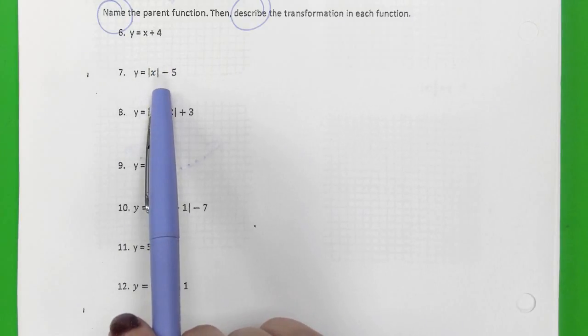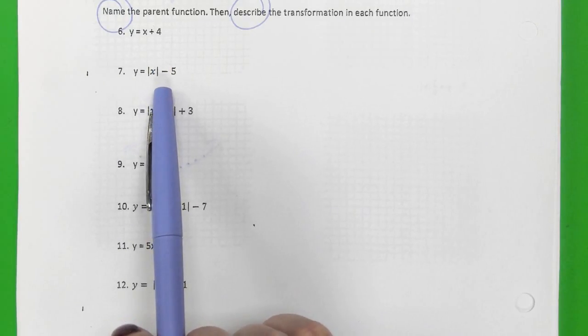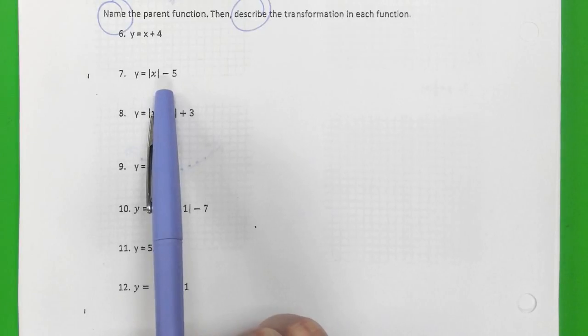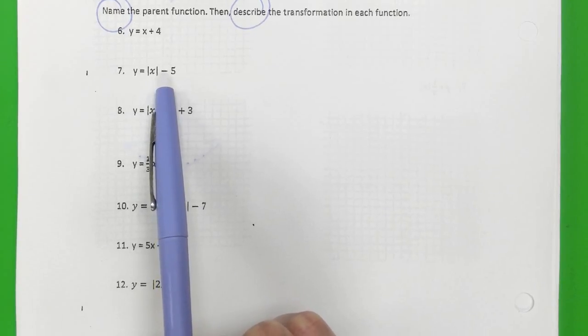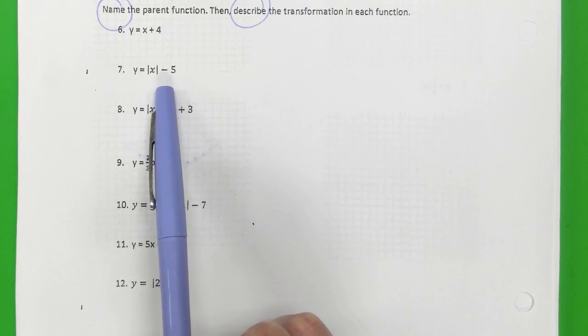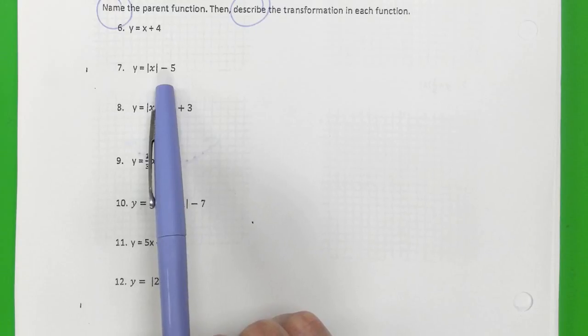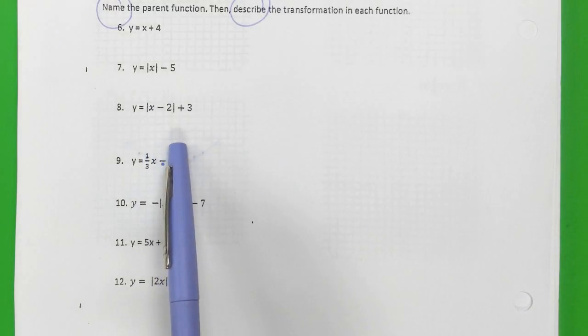All right, what about number 7? What's the parent function? Absolute value. You can abbreviate ABS, then value. You can abbreviate. And what's it do? Down 5. Very good. All right, number 8. What kind of function? Absolute value.